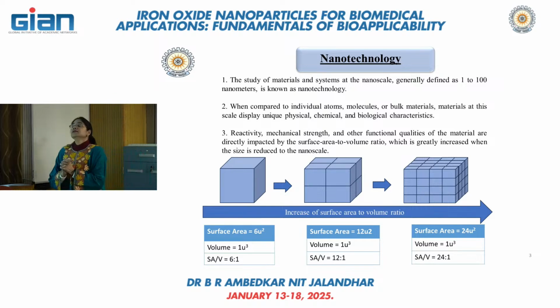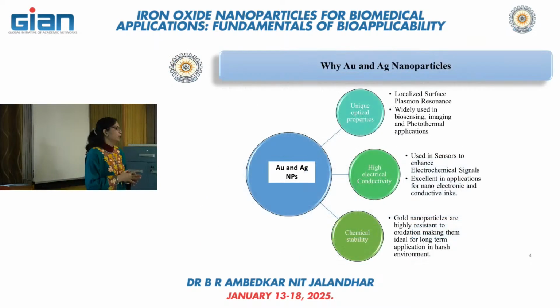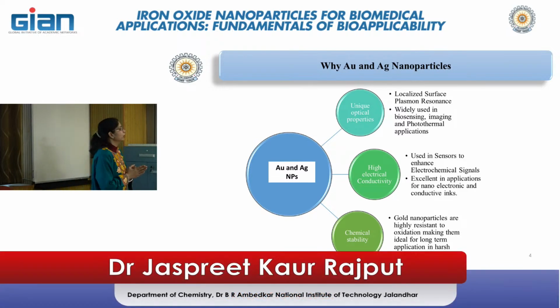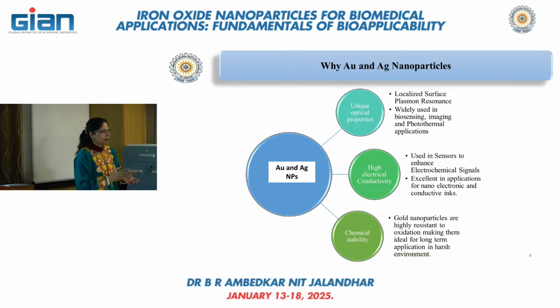So the point is, although a number of nanomaterials have been synthesized and reported in the last decade, silver and gold nanoparticles are a class apart, and they have very significant applications, not only in the biological field, but also in electronics and optics.